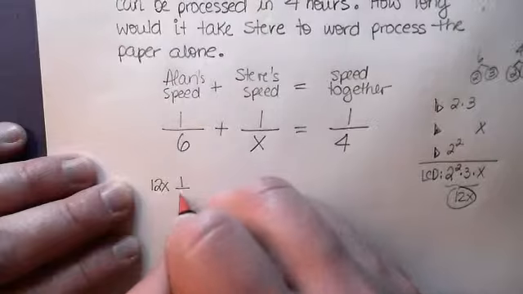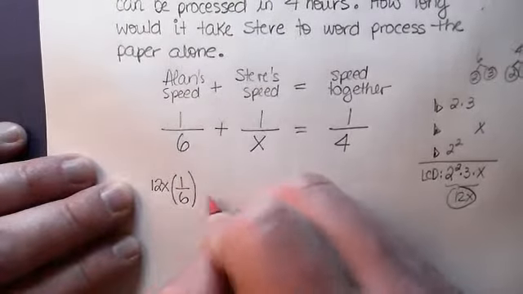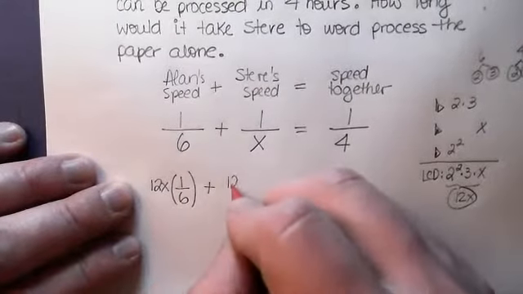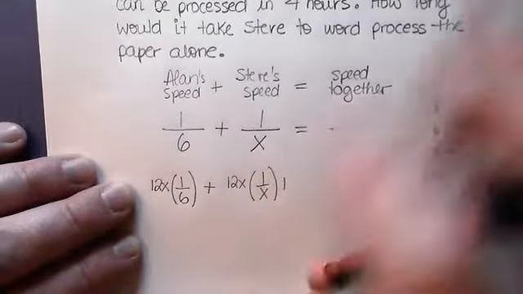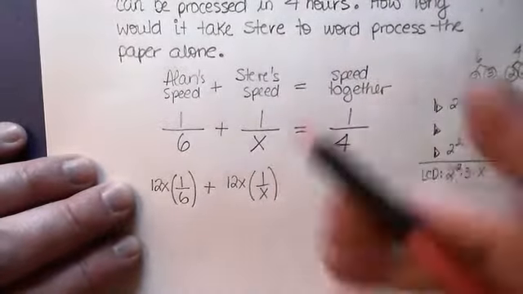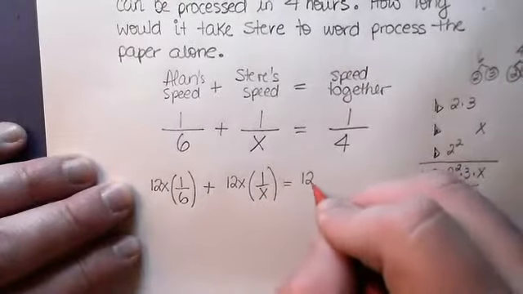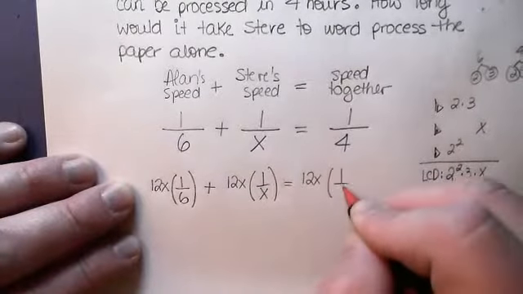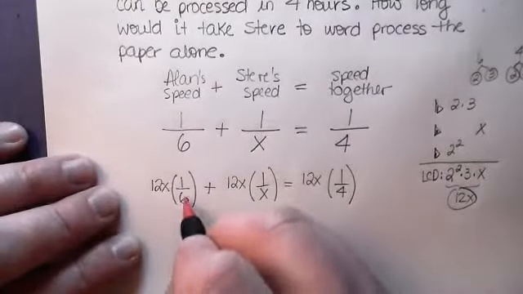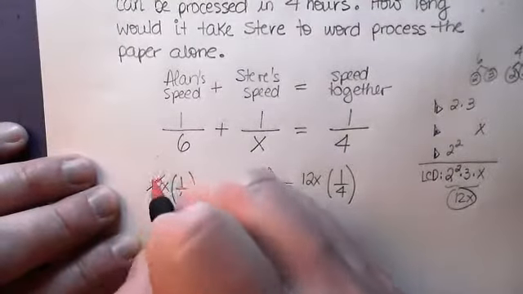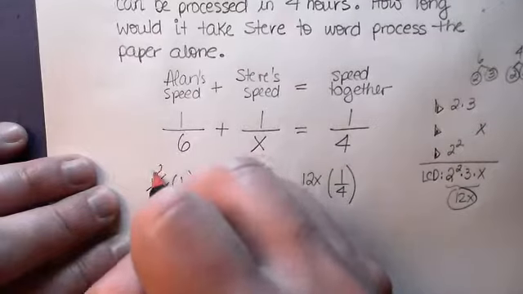I'm going to multiply by that: 12x times 1/6 plus 12x times 1 over x equals 12x times 1/4. Now let's do the canceling. 6 cancels with 12x and becomes 2x.